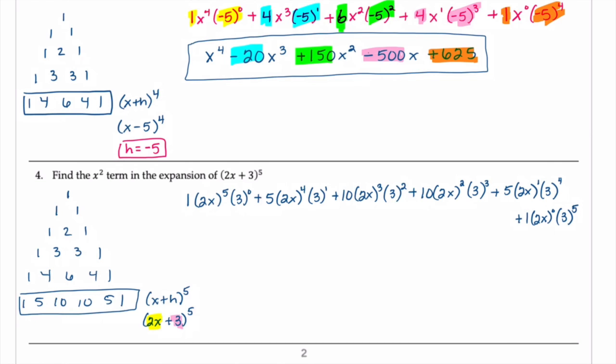All right, so there's my substitution, a little bit long, so I had to write my last piece at the bottom. I am going to rewrite this one more time because I have a 2x raised to the fifth power. What that's going to do is take that exponent and distribute it to each of those pieces. I'm just going to keep going to make this a little more simple.